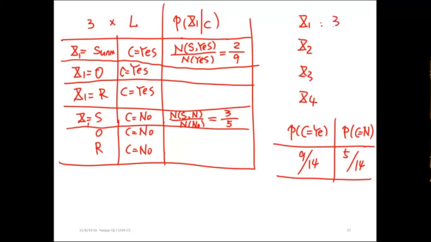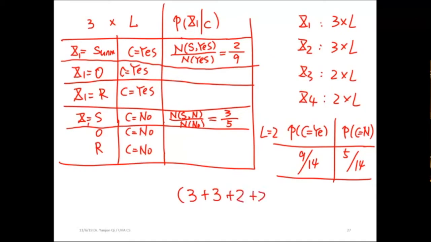So for the first, it's 3 times L, where L equals 2. For the second feature, same thing: 3 times L. Okay, so in total, how many parameters do I have in the naive case? 3 plus 3 plus 2 plus 2, times L. In our case, L equals 2. How many parameters?